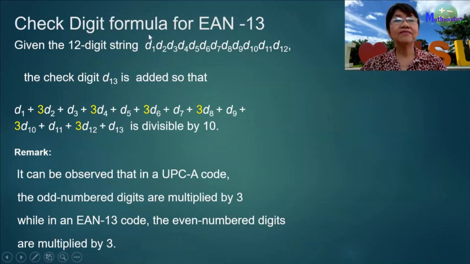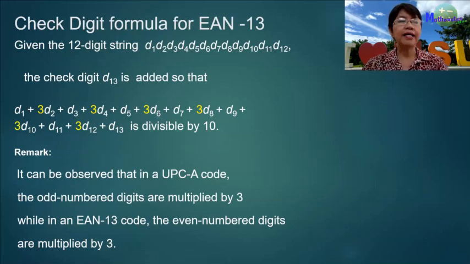The check digit formula for EAN 13. Given a 12-digit string, D1 up to D12, the check digit is D13. And so the formula is different from the check digit of UPC.